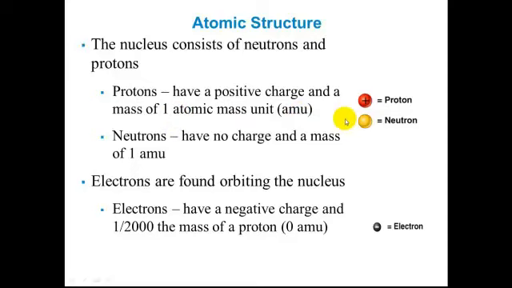Neutrons then are neutral, or have no charge, and they also do have a mass of 1 AMU. Electrons have a negative charge, and while they have a mass, it is so small in comparison to those of protons or neutrons, we consider it to be near to 0 atomic mass units.